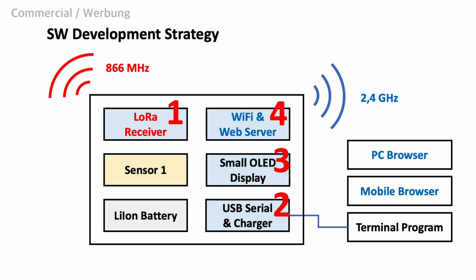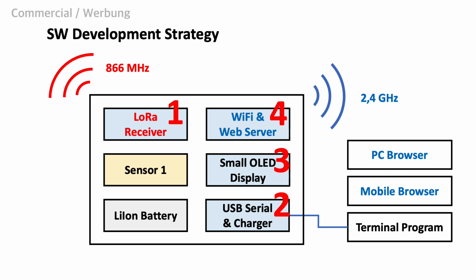As a basis, it is always good to start with small examples. I found a lot of helpful code from the Arduino examples library, from the Random Nerd channel and others that I modified and extended for my purpose. First, I developed the code for the LoRa receiver and the serial communication.